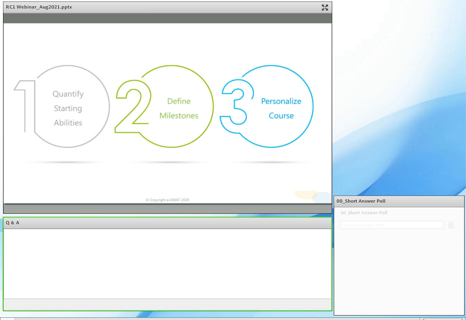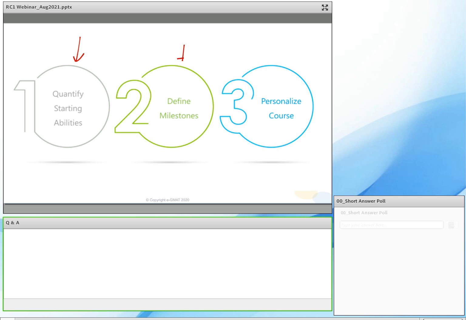First, we have a way to identify your starting ability. That is step 1. You understand how good you are in algebra, how good you are in geometry, how good you are in critical reasoning. Your starting ability across each and every subsection is calculated. Once you've quantified that, then your project milestones, your individual milestones, which are the stepping stones till the final score, are customized as per your abilities.